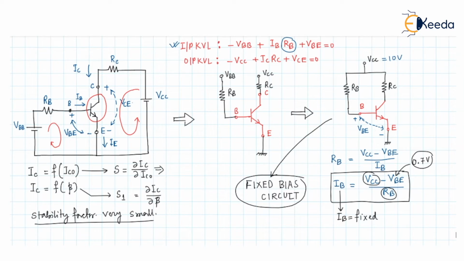Note that since the stability factor value is low, the stability is high. So a low value of stability factor is desirable, and from this circuit we have to find the stability factor. So from this circuit we can find the stability factor like this.